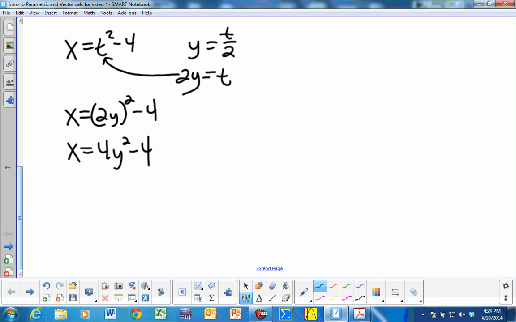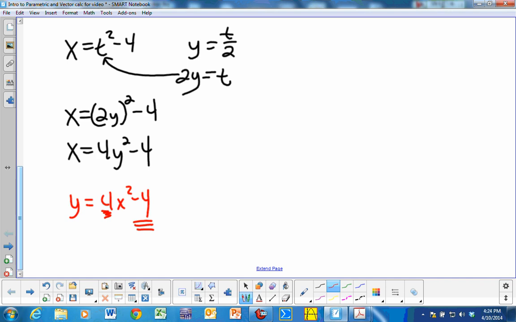Well, if you remember from Algebra 2, this is definitely a parabola opening to the right. And the way you can remember that is if it had said y equals 4x squared minus 4, you would recognize that as a parabola that opens up, that goes down to -4 for the vertex, and then this 4 makes it skinnier.